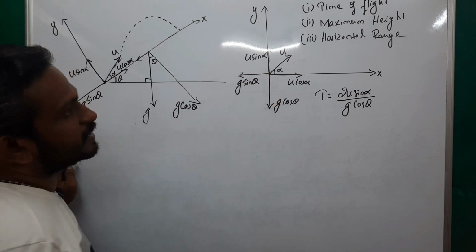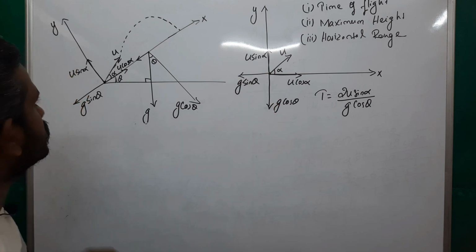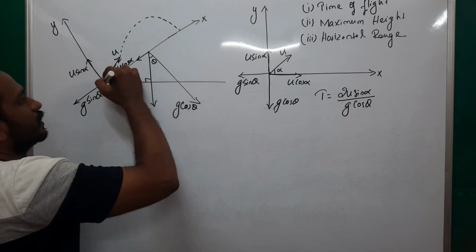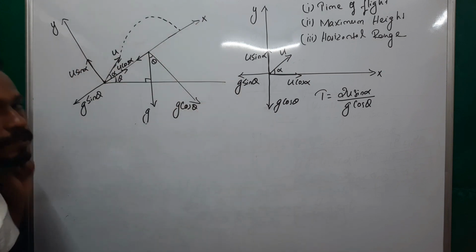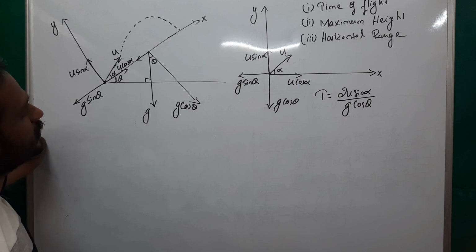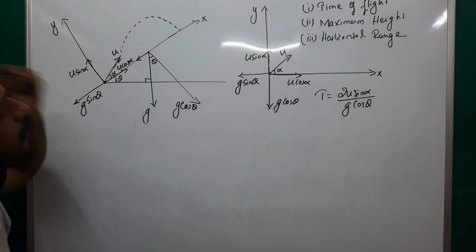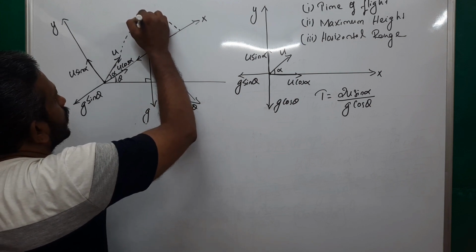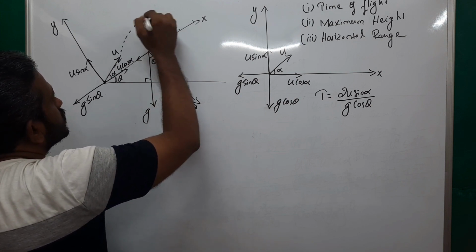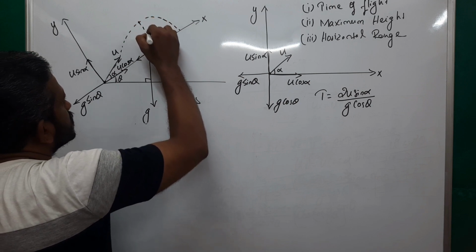So the next is the maximum height attained by the projectile. The projectile is projected with initial velocity u. At this point, the projectile reaches its maximum height.